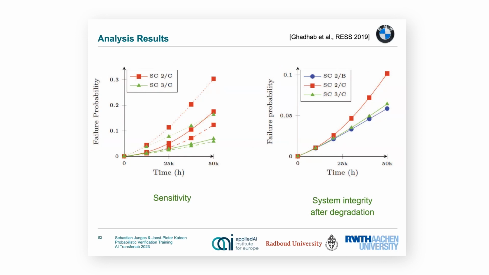So for instance, if you look at the plot on the left, you see the amount of time on the x-axis and the failure probability on the y-axis. And we looked at different scenarios, so for different, let's say, mappings of the functional architecture to their basically system architecture. And this was all done with Storm.